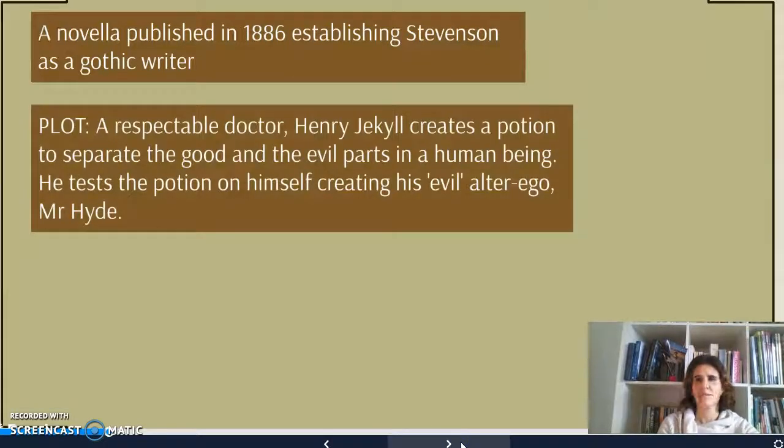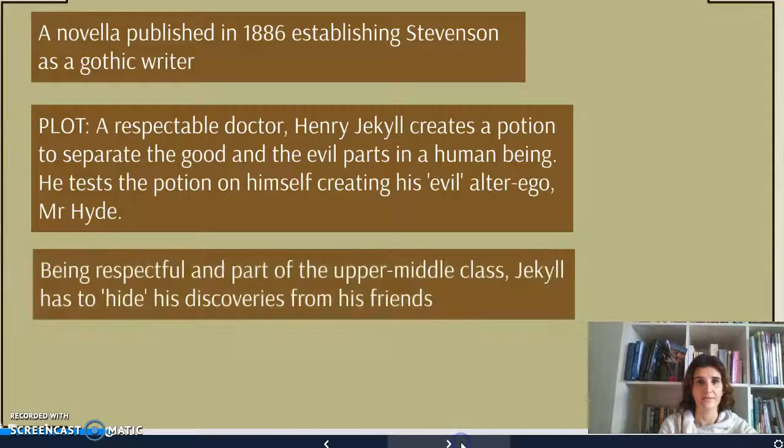The plot is quite easy. It's the story of a respectable doctor, Harry Jekyll, who creates a potion to separate the good and the evil parts in a human being. He tests the potion on himself and eventually creates his evil part, his alter ego, Mr. Hyde.